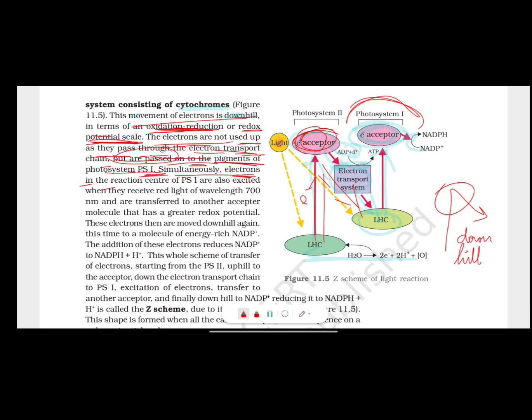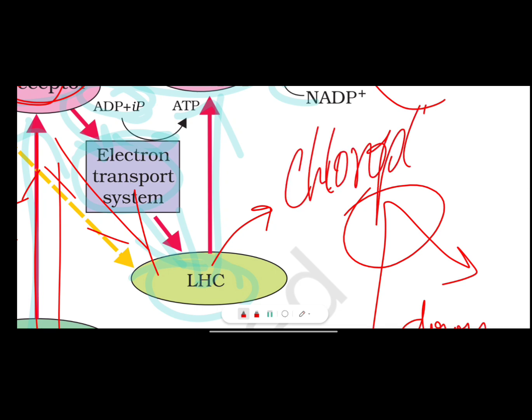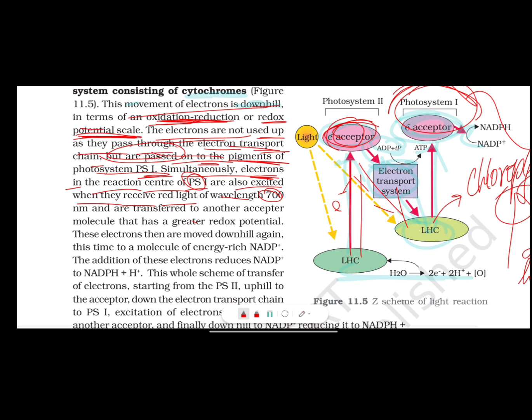Simultaneously, electrons in the reaction center PS1 are also excited, where they receive the red light of wavelength 700. Because what is present in PS1? We have chlorophyll A, right?